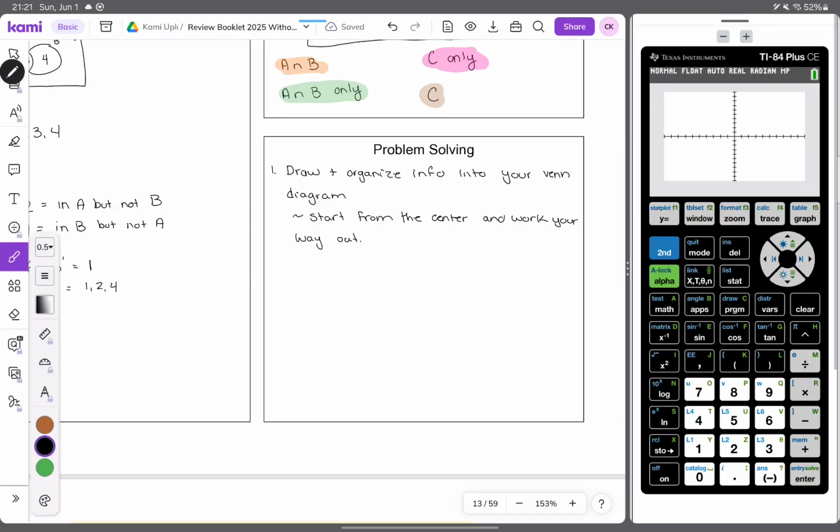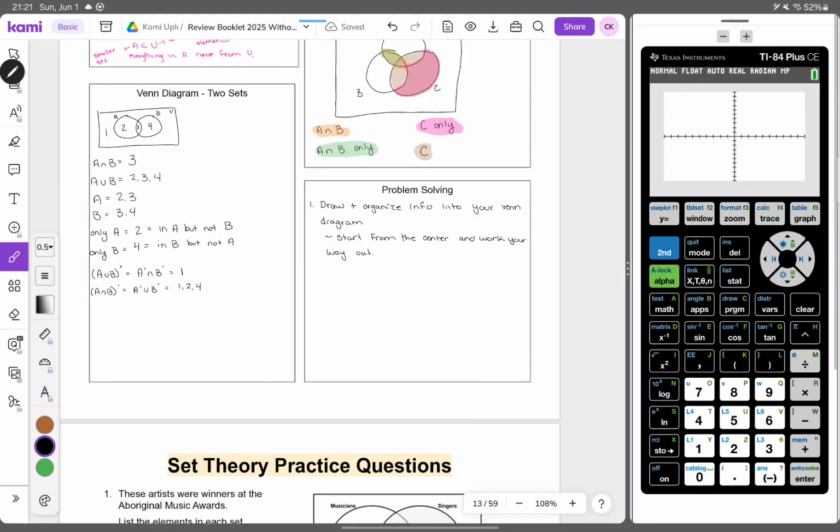You always want to make sure that you're removing that center from everything else so you're not counting it twice. Beware of that word only. If it has the word only, we can write it directly into our Venn diagram.